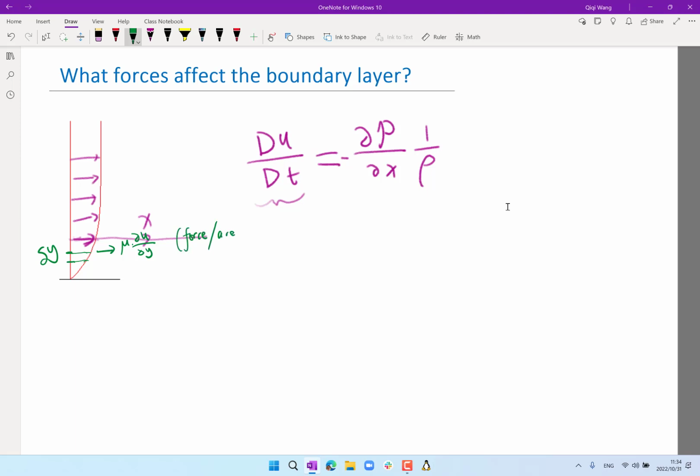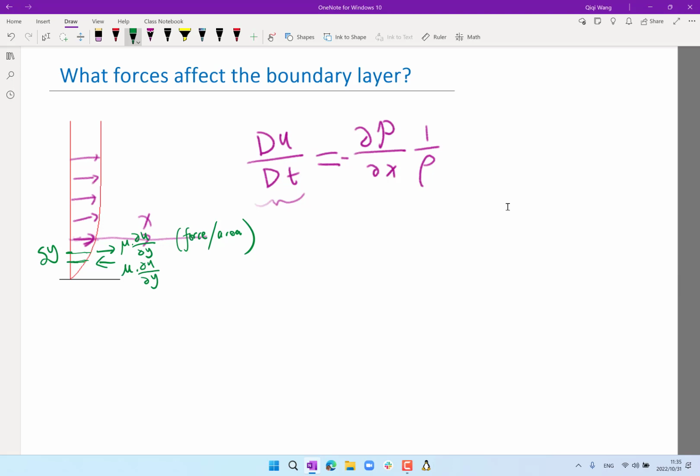Okay, now think about the viscous force over here at the bottom of the stream tube. The effect is opposite, because the flow beneath the bottom is even slower than the flow in the stream tube. So it tries to retard it, tries to slow it down, right? So the viscous force below goes in the opposite direction, and the force is also mu times du dy, but it's a du dy at a slightly different y, right?